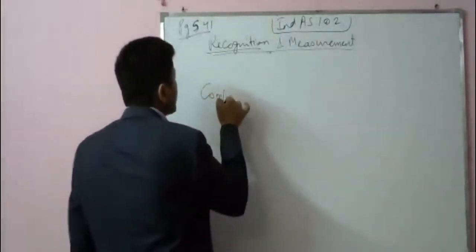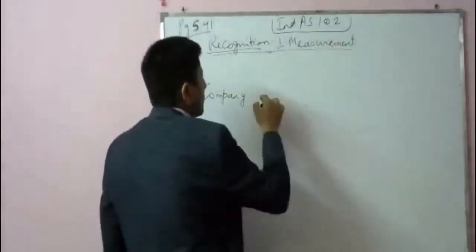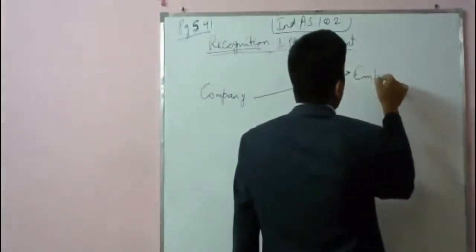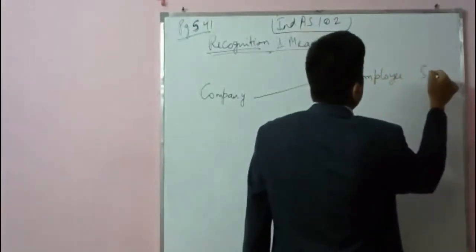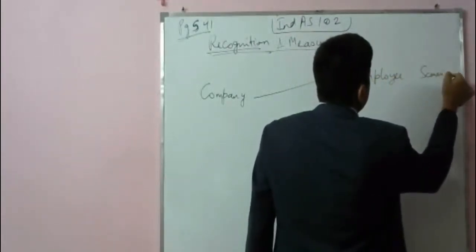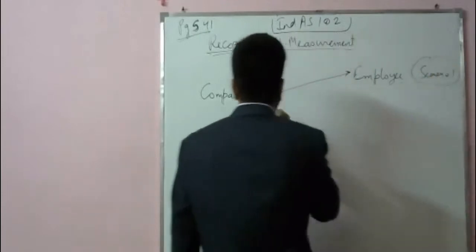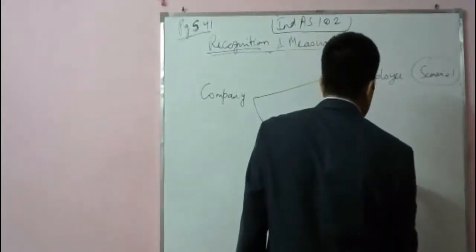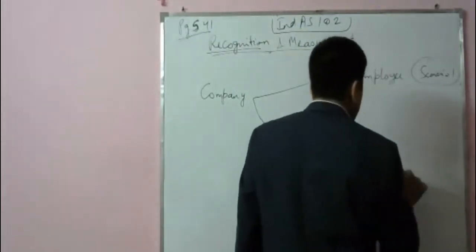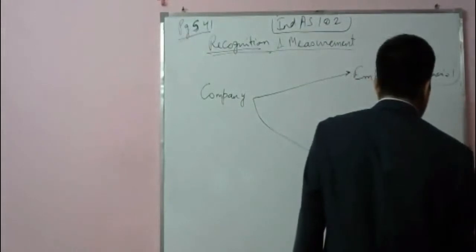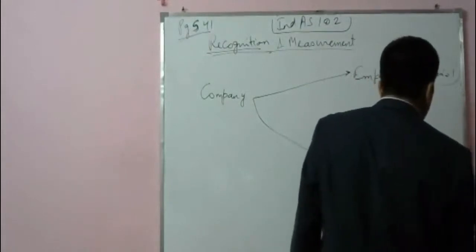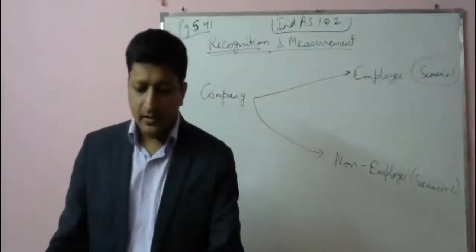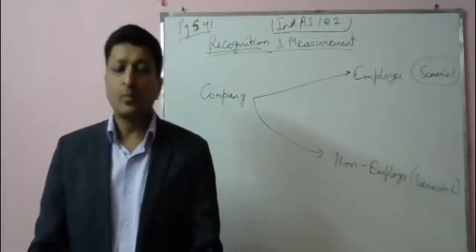So in the first place we have the company, and in the second place we have this other party. Now this other party could be an employee, scenario 1, or this other party could be a non-employee, which is scenario 2.